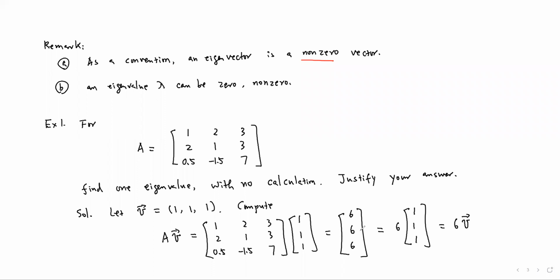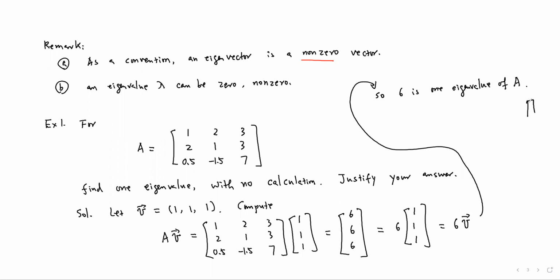Therefore 6 is one eigenvalue of matrix A. Done. And 1, 1, 1 is an eigenvector associated with the eigenvalue 6. This is example 1.